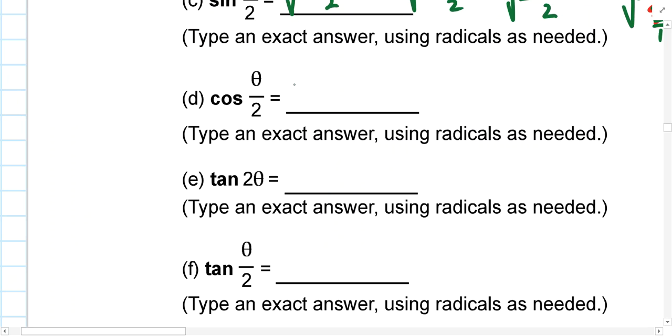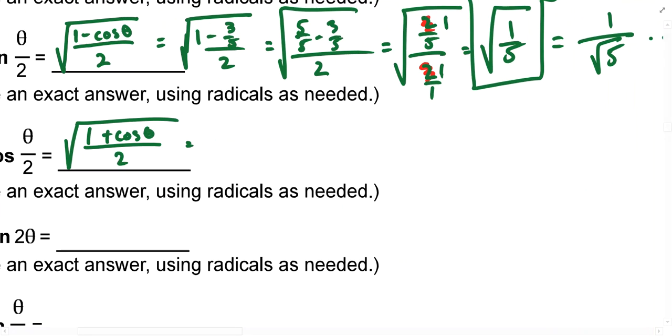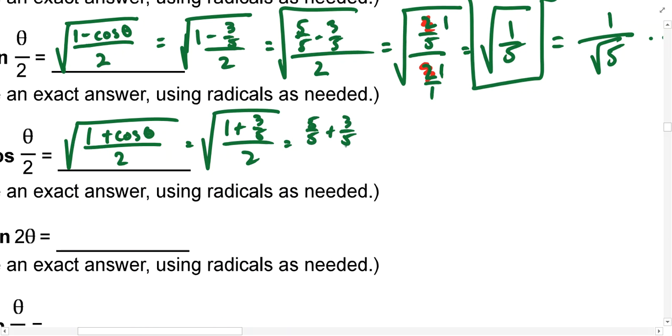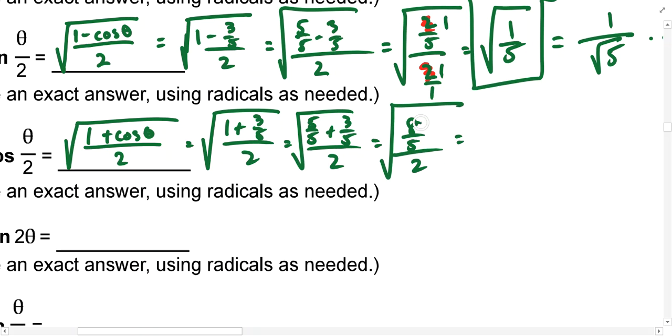For the half angle of cosine, again, we're talking about a positive angle measure, so I'm just going to use the positive square root of 1 plus cosine theta over 2. So that's going to look like 1 plus 3/5 over 2, which is 5/5 plus 3/5 over 2, 8/5 over 2. 8 divided by 2 is 4, so we're looking at the square root of 4/5.